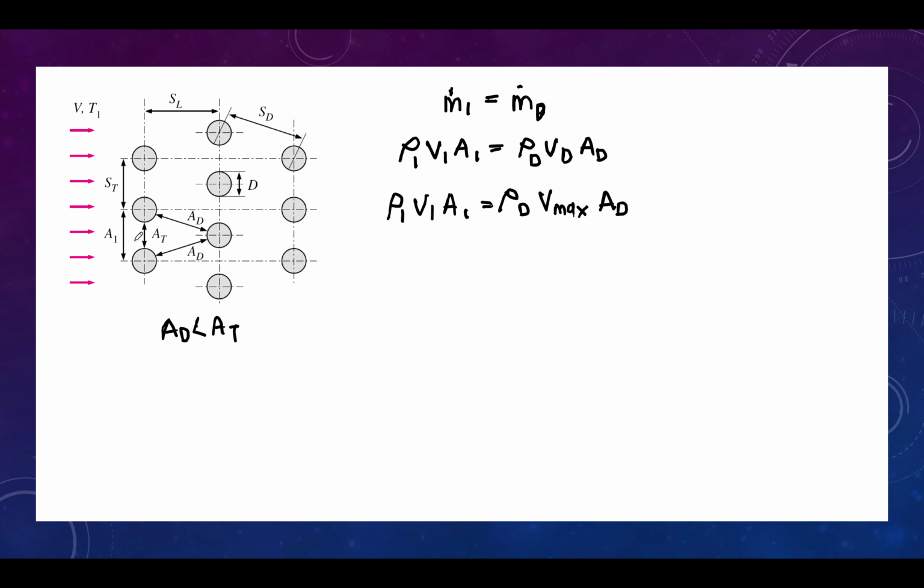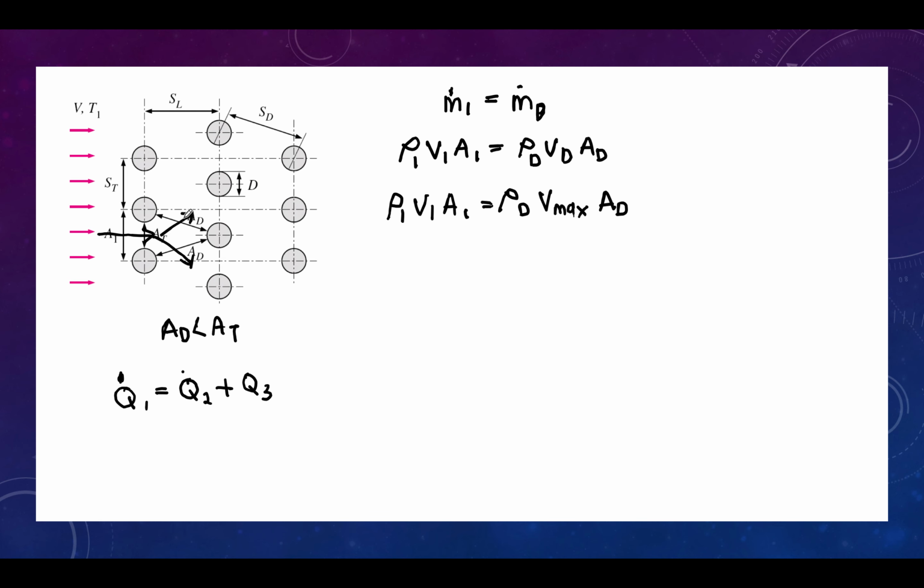So as we can see here, when the flow enters, it will flow into 2AD. Therefore, for the area here, we have to include 2AD because this flow will divide into two sections. So for example, in fluid mechanics, we have Q1 equal to Q2 plus Q3. So it is the same concept as here.